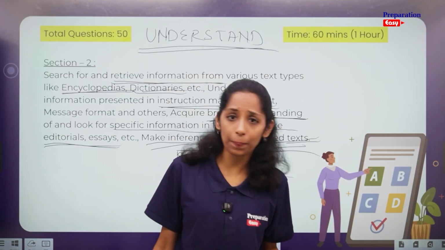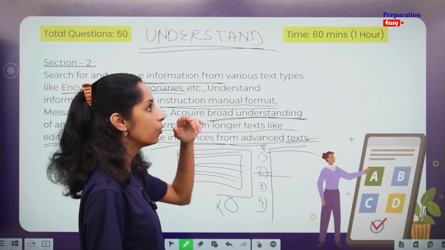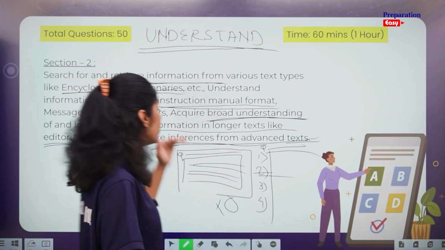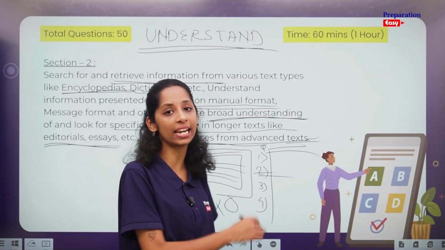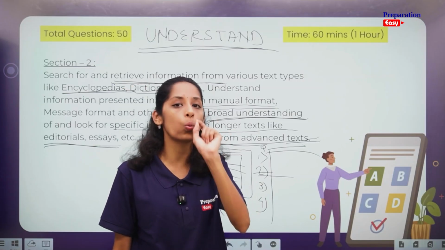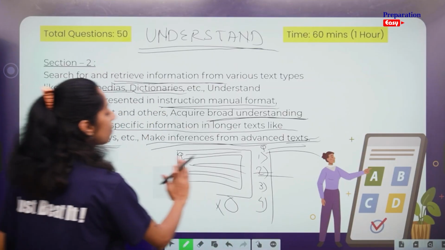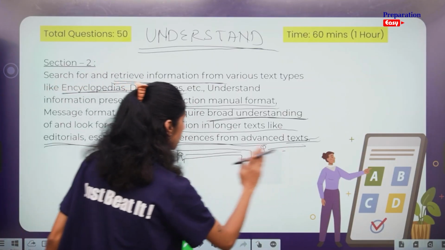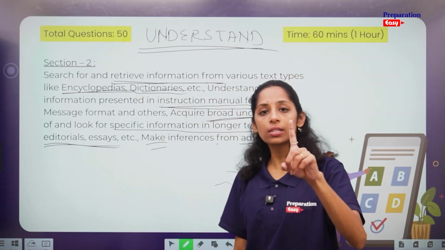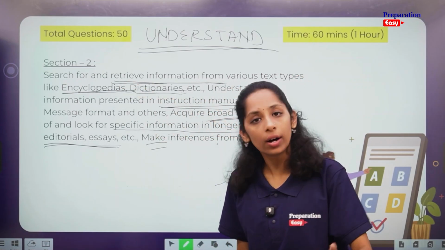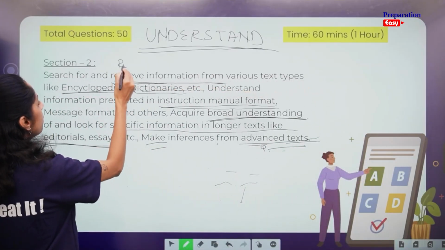So this is our plus point, instead of thinking the negative way: we don't have to write anything that comes to our mind. In fact, we have to choose the correct one and we will get 1 mark for each question. So yes, this is about your exam pattern. About the syllabus or sections, we saw the first section was about word power, and the second section is about your reading power.